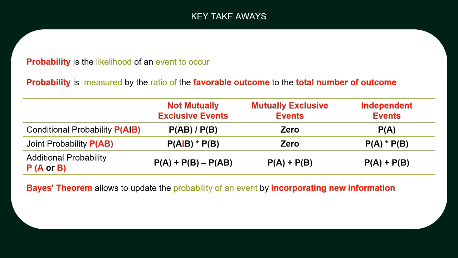These three events are not mutually exclusive events, mutually exclusive events, and independent events. In case of not mutually exclusive events, we need to take care of overlapping of event A and B. Finally, we have also discussed Bayes' theorem, which allows to update the probability of an event by incorporating new information.